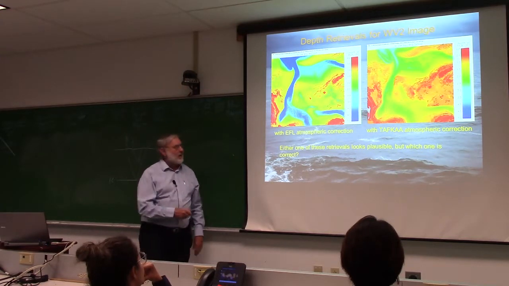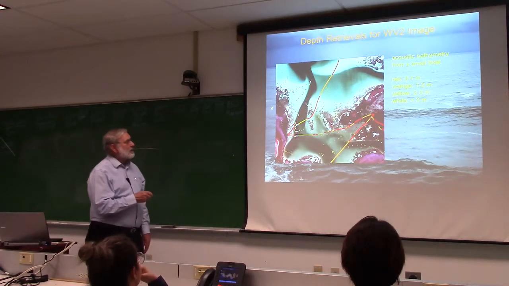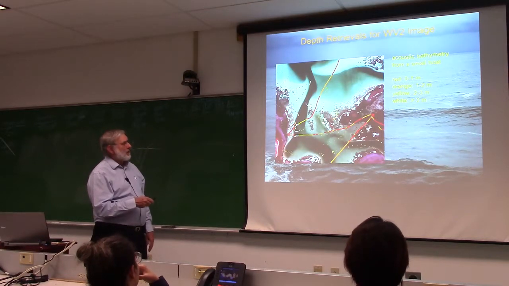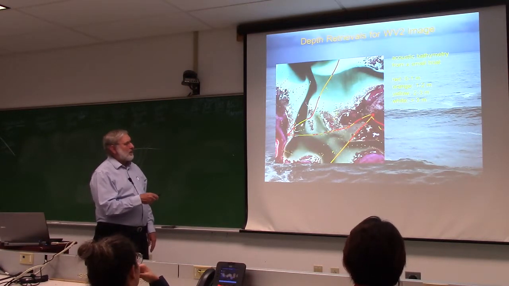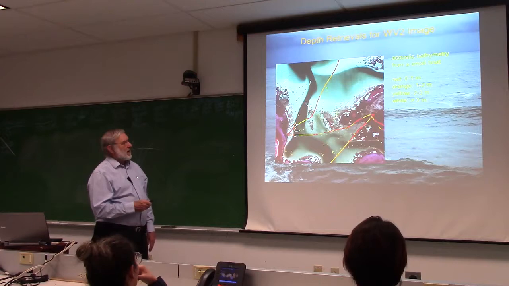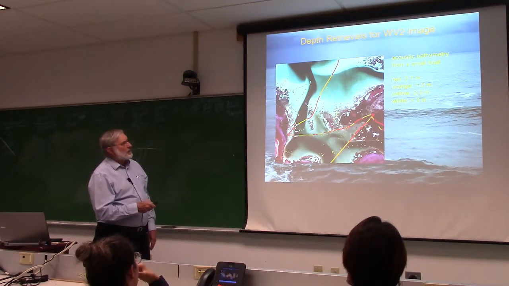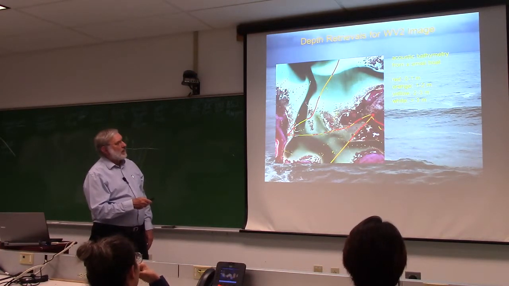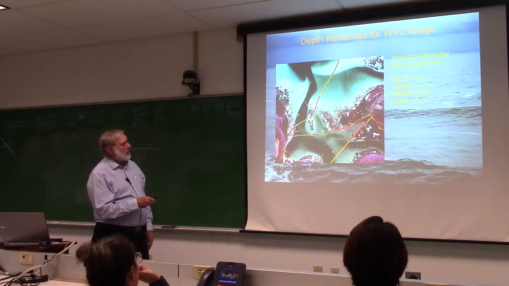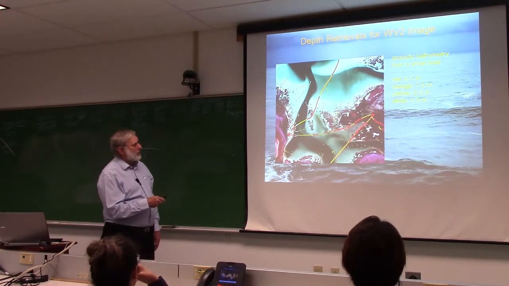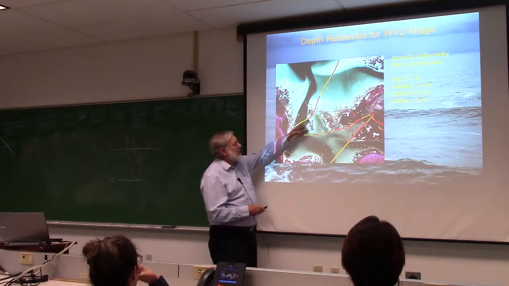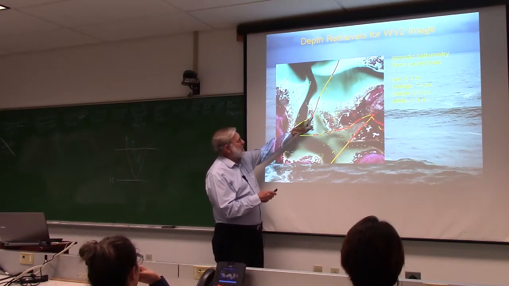I don't know. So we have some acoustic bathymetry here where they ran around in small boats and got bathymetry at all these spots there. And so along the bathymetry transects here, I just coded it. If it's 0 to a meter deep, it's red.